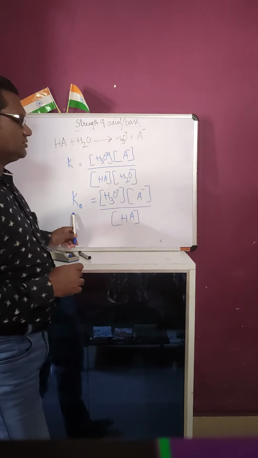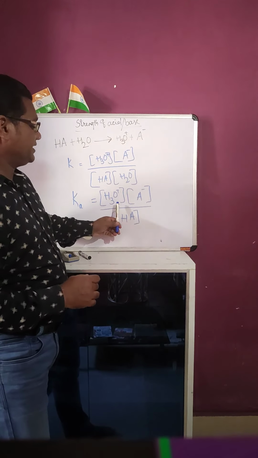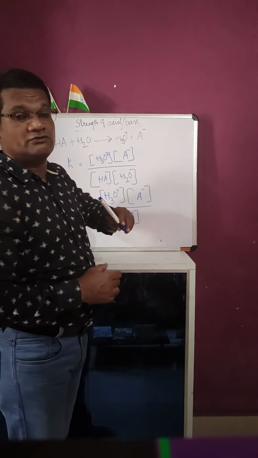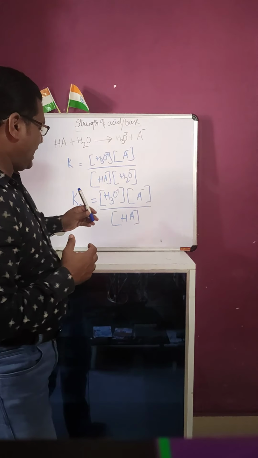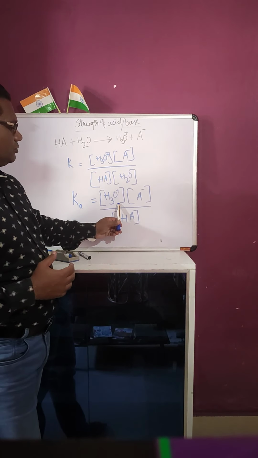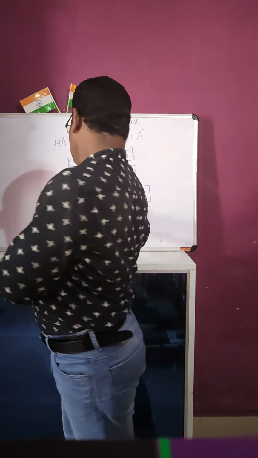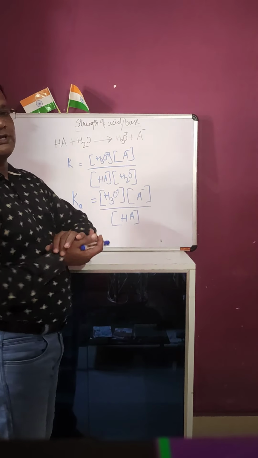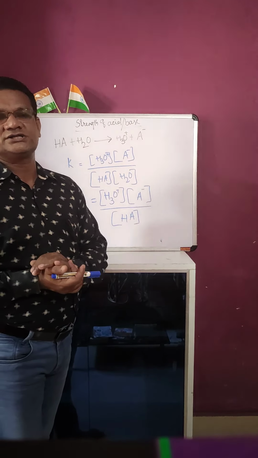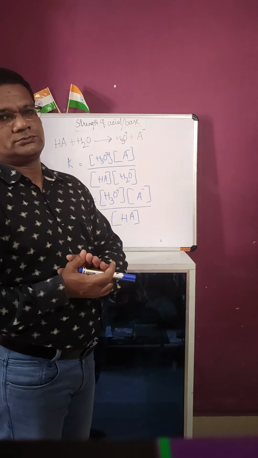So higher the Ka, higher will be the molar concentration of H3O plus, and that is the strong acid. So higher the Ka, the stronger the acid, or the strength of that acid will be more.